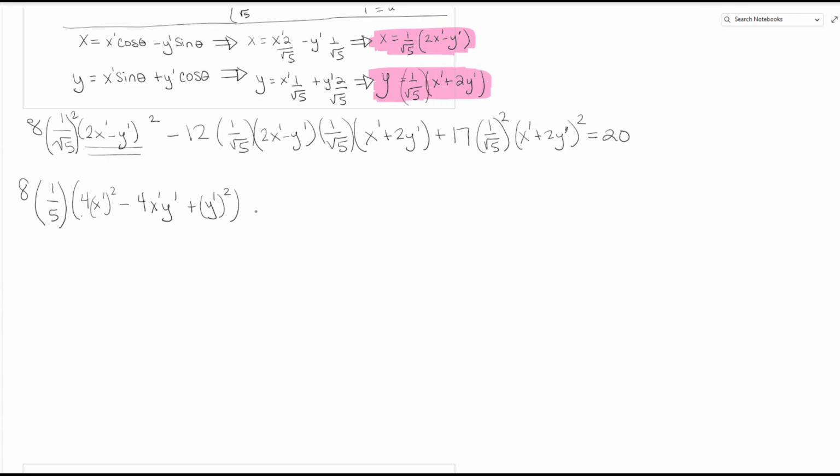Next, well, this one and this one, so that would be a 1/5.